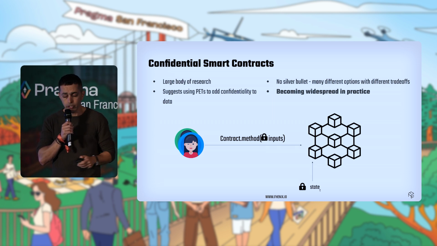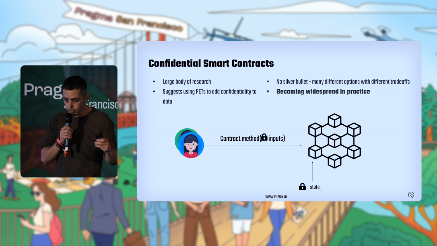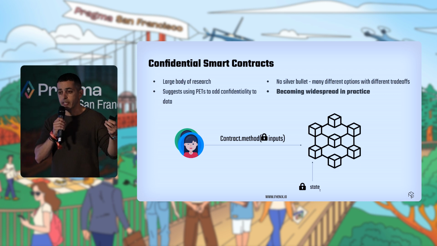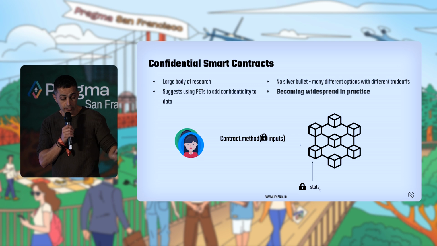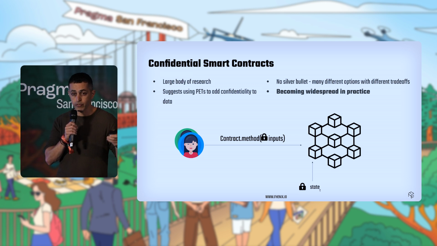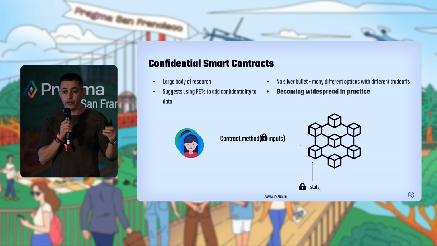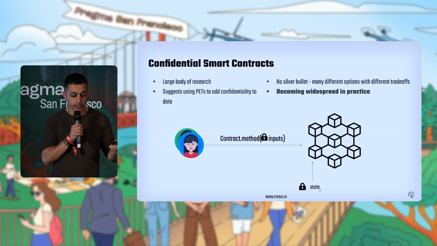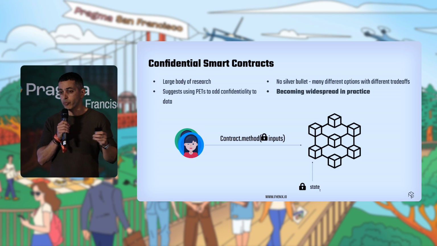There's been a lot of resources invested in it, and typically they're being solved by using what's called privacy-enhancing technologies, or PETs for short. Even though there's been a lot of research invested, until recently there hasn't been a silver bullet to solve that, but we definitely see them becoming widespread in practice.